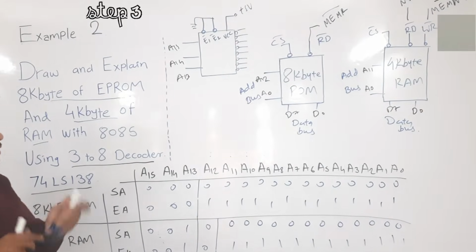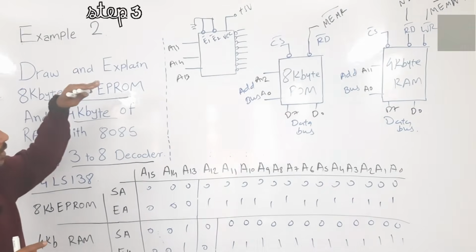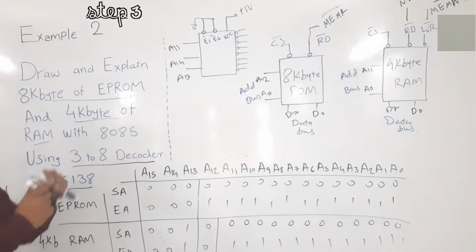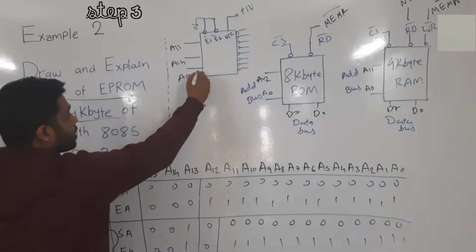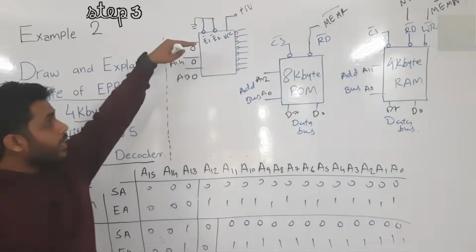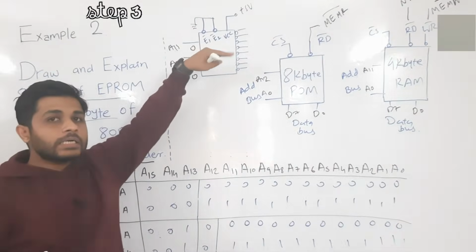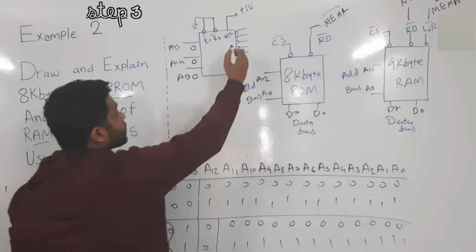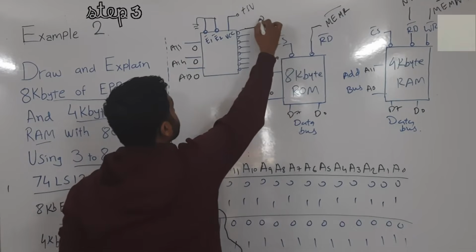Now students, we are providing A13, A14 and A15 as 0, 0 and 0. If we provide A13, A14 and A15 as 0, 0, 0, at which pin are we going to get the active low signal? So we are going to get the active low signal at this pin.